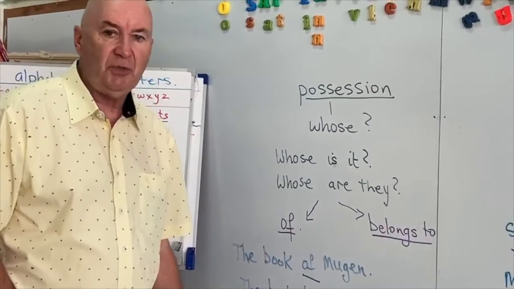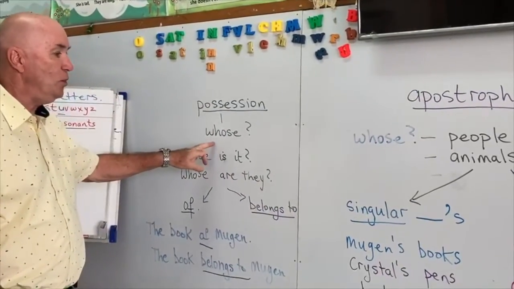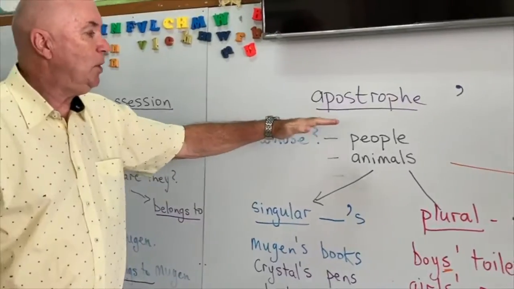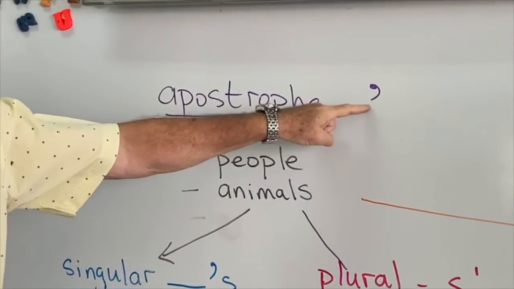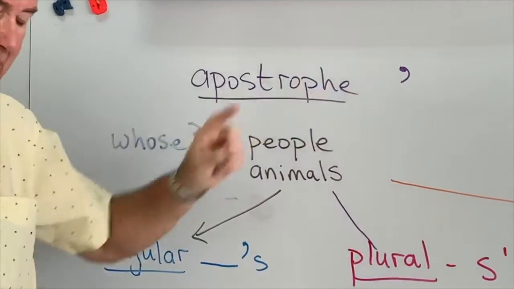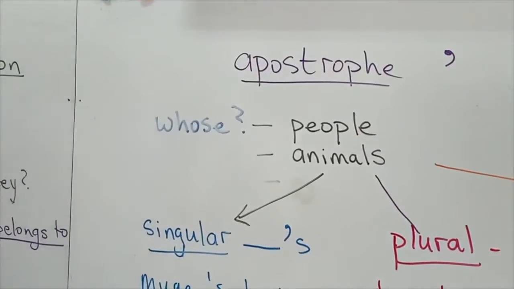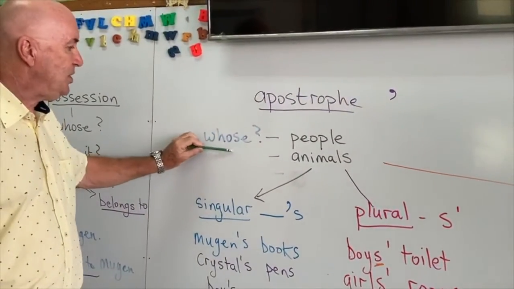Now, I then showed you one more way to answer the question whose by using what we call an apostrophe. And this little thing here is what we call an apostrophe. Now, let's look at that a little bit more. When we ask the question, whose is it?